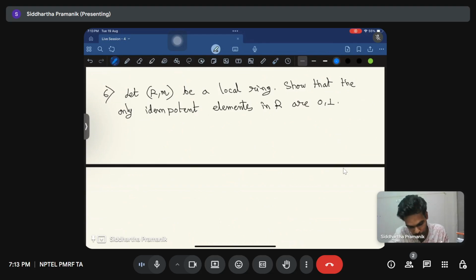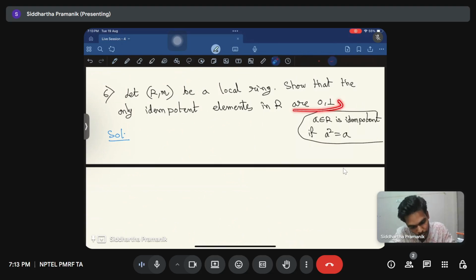Okay, I should recall the definition of idempotent elements. So I will write it here. A belonging to R is idempotent if A squared equals A. So we need to prove that 0 and 1 are the only idempotent elements in a local ring.